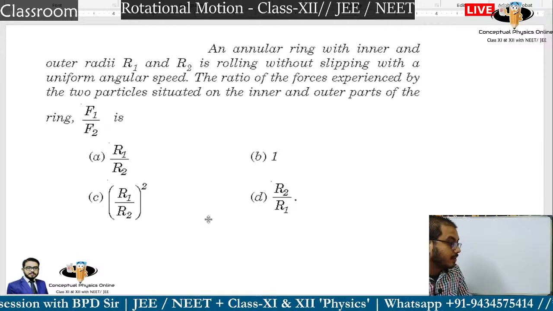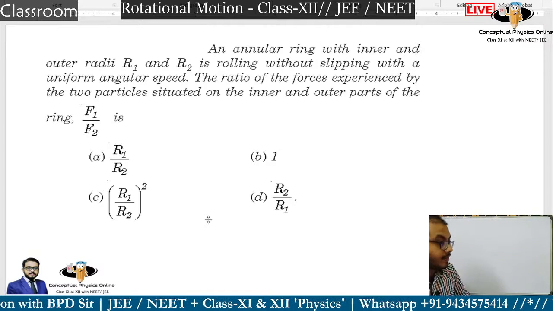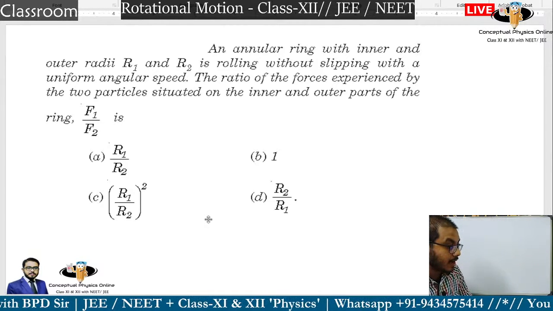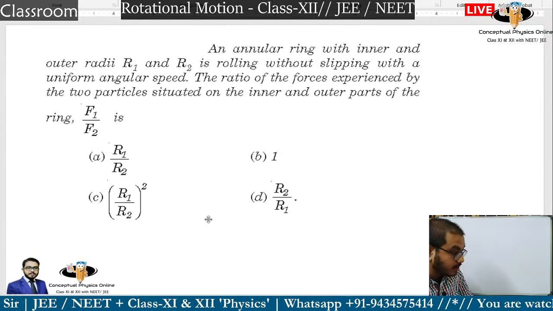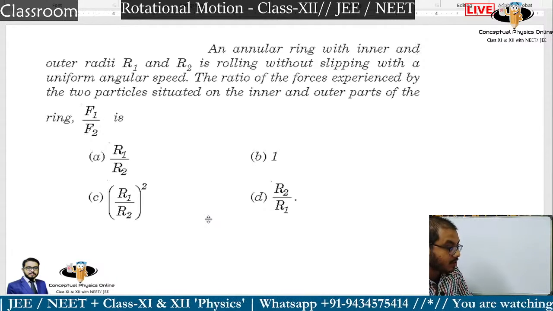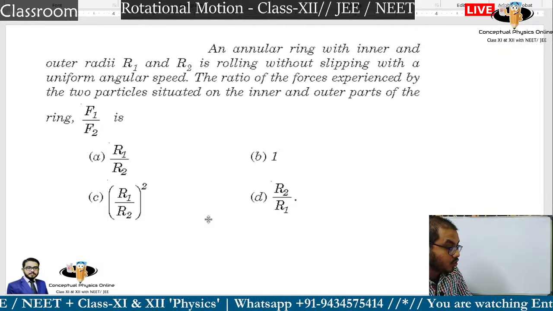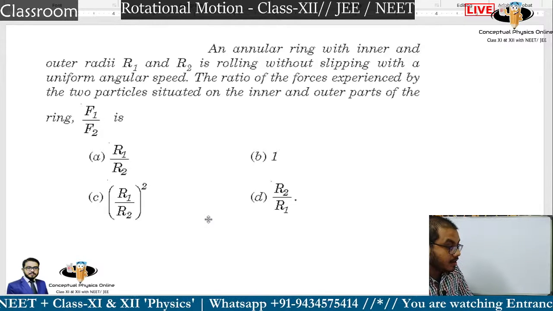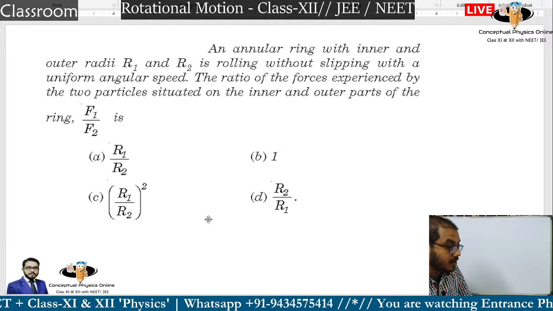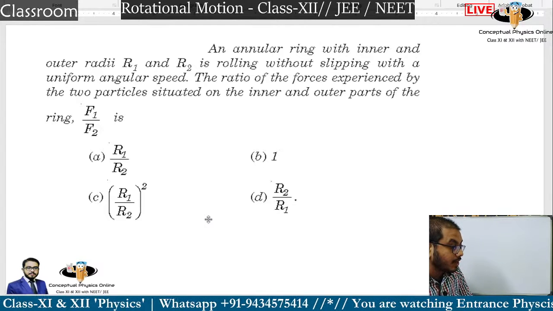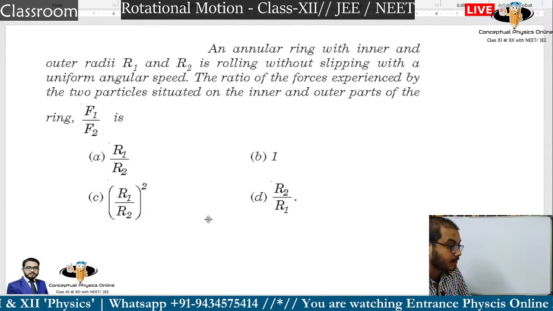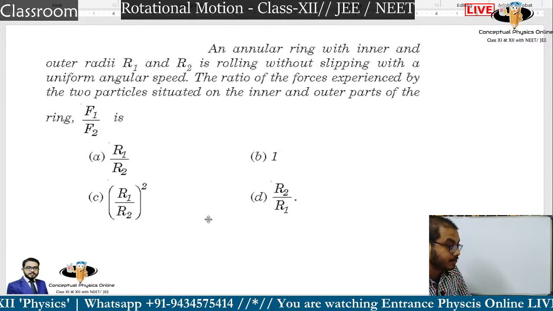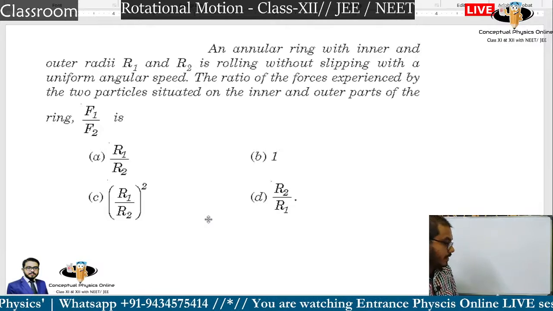The question is asking that an annular ring with inner radius R1 and outer radius R2 are rolling without slipping with a uniform angular speed. The ratio of forces experienced by the two particles situated on the inner and the outer ring.